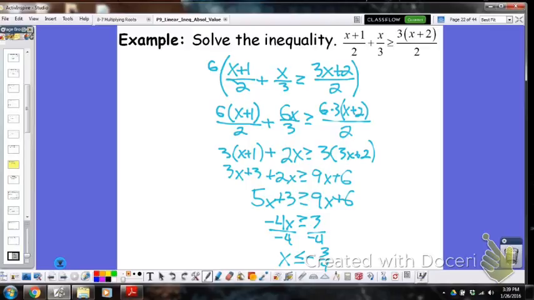Instead, I'll have a 2 times 3 times x plus 2, making that a 6x plus 12. So I'll have to change that here as well.